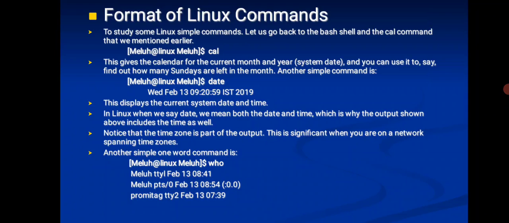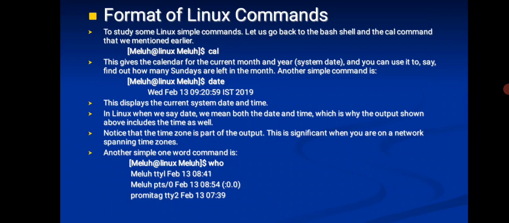Here, in Linux, when we say a date, we mean both date and time. So with date we get both date and time, which is why the output shown above includes the time as well. I have taken an example here: Wednesday February 13, 9:20:59 IST 2019.